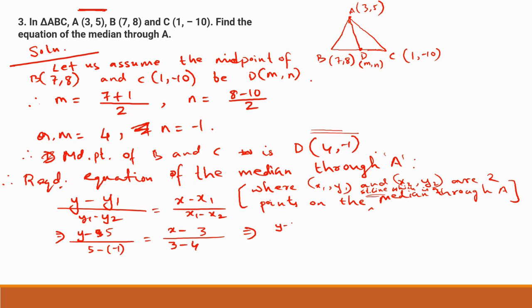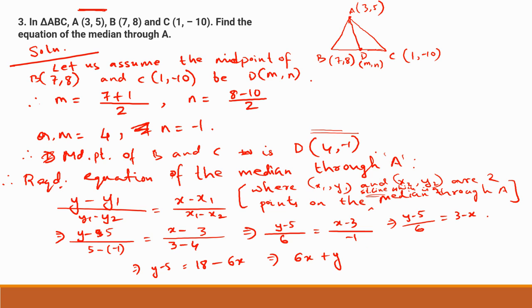This gives us (y minus 5) divided by 6 equals (x minus 3) divided by minus 1, which gives (y minus 5) divided by 6 equals 3 minus x, so y minus 5 equals 18 minus 6x, which is 6x plus y minus 23 equals 0.